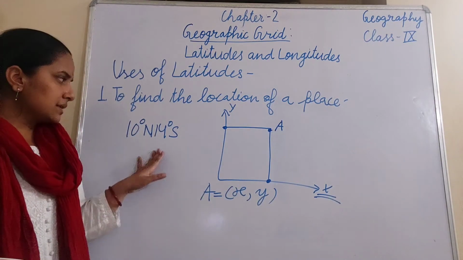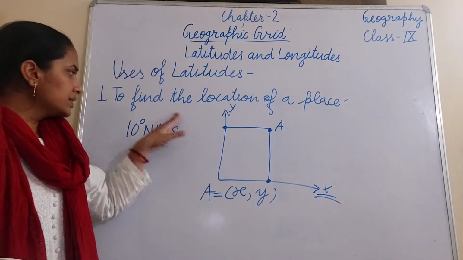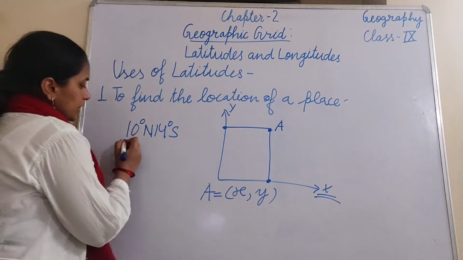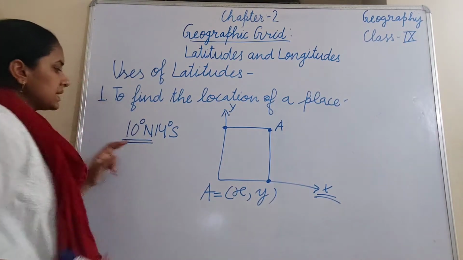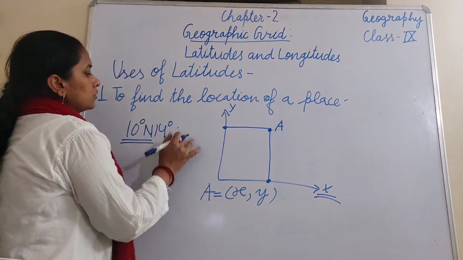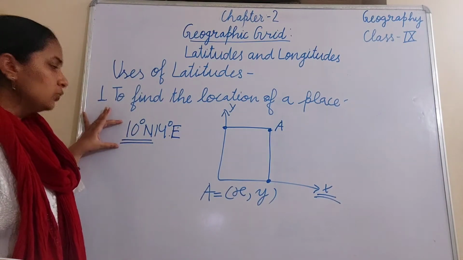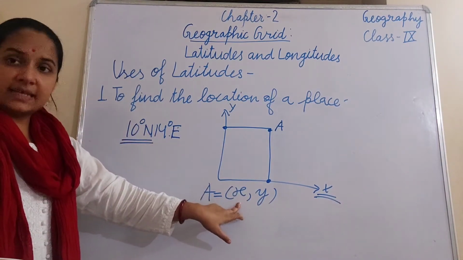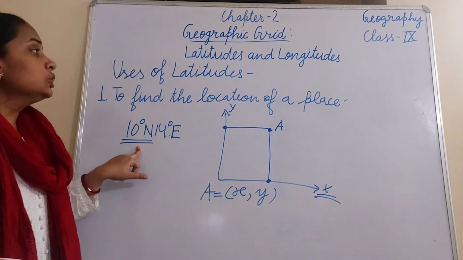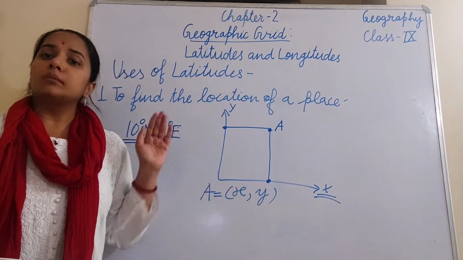If not, you can watch for it. So this is the way the address of a particular place is given. This gives you the value of the x-axis, one coordinate on the basis of which you can find the location of a particular place.